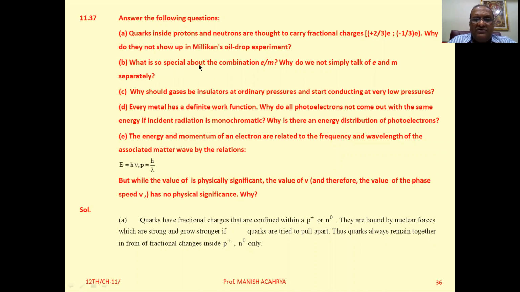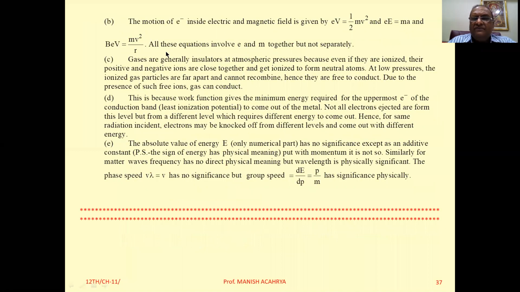What is so special about the combination e by m? Why do we not simply talk of e and m separately? Because if we think about the motion of an electron inside an electric or magnetic field, see the energy gained by the electron under the effect of potential difference of V volt, that is eV equal to half mv square.